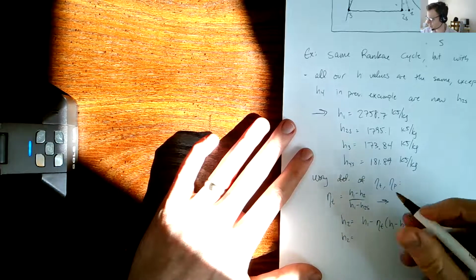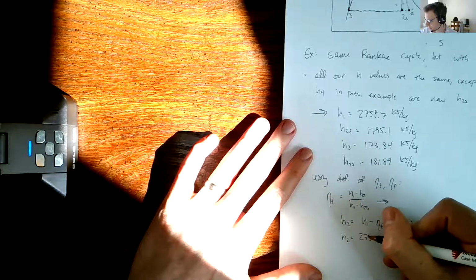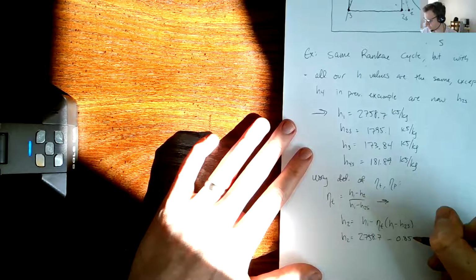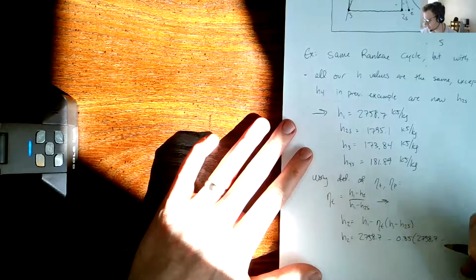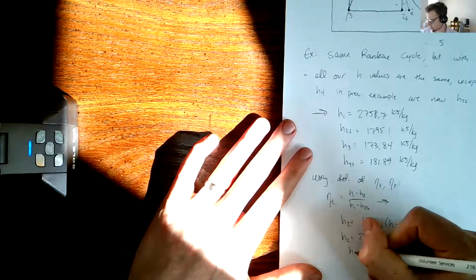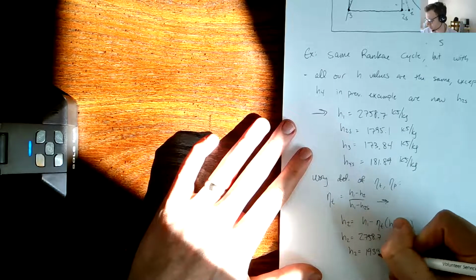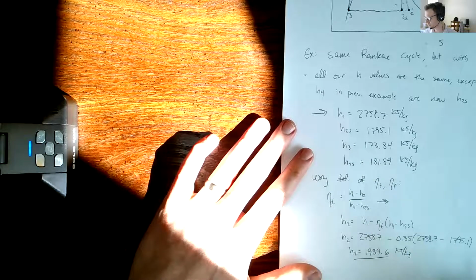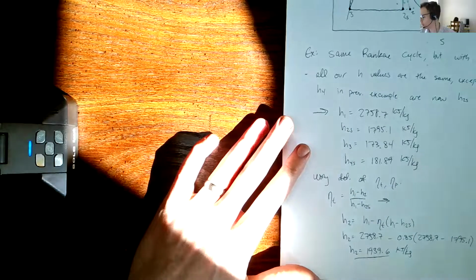So H2 is going to be 2758.7 minus 0.85 times (2758.7 minus 1795.1), and this is all in kilojoules per kilogram. Put this into your calculator and you'll get that H2 is 1939.6 kilojoules per kilogram.